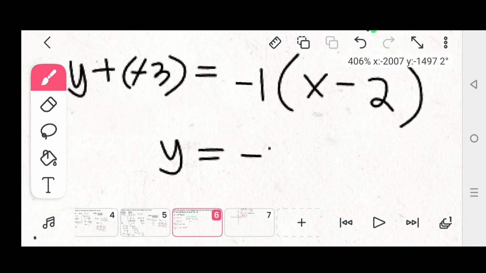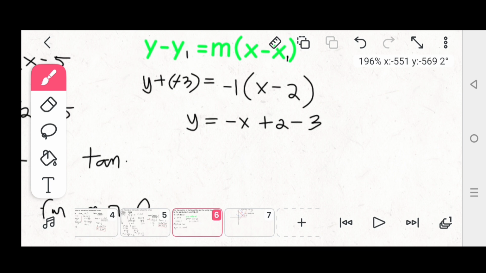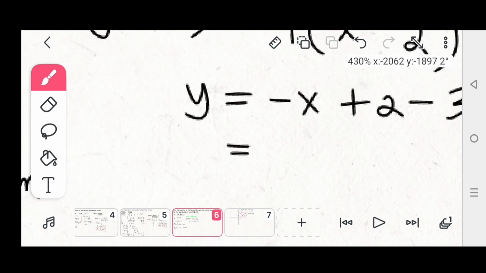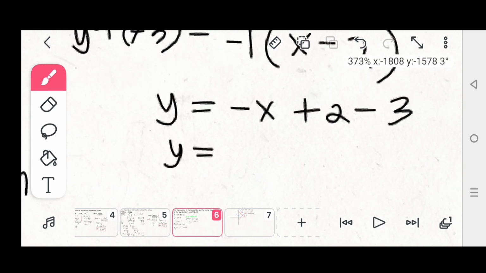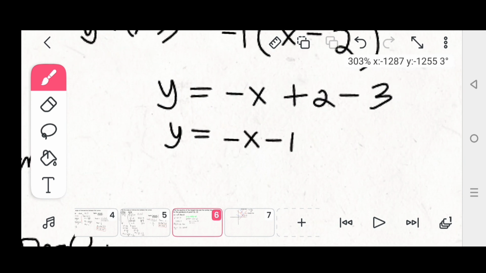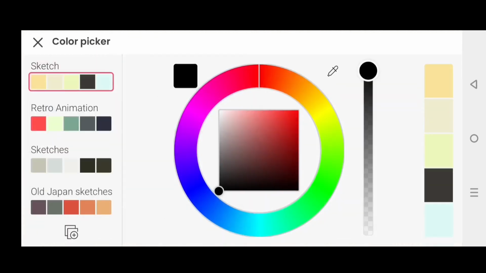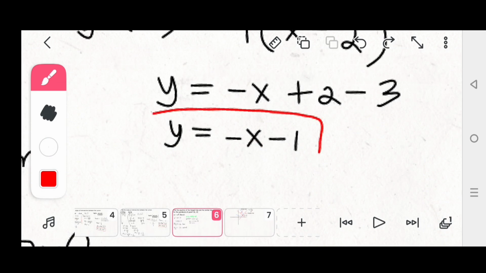This will become -x plus 2 minus 3. Then y equals -x minus 1. So that's it. That's the answer for tangent. That's the equation of tangent.